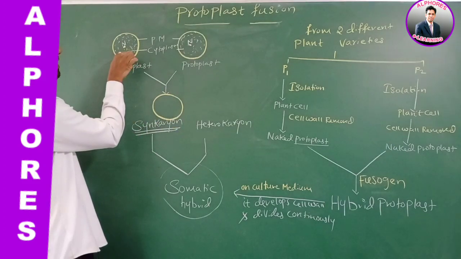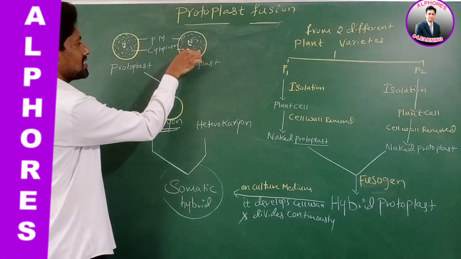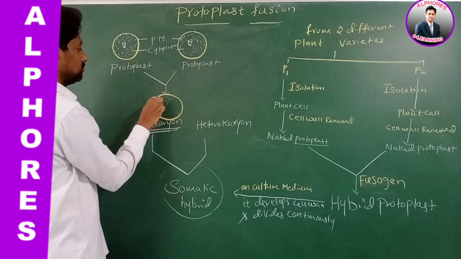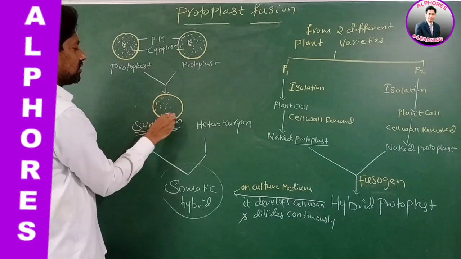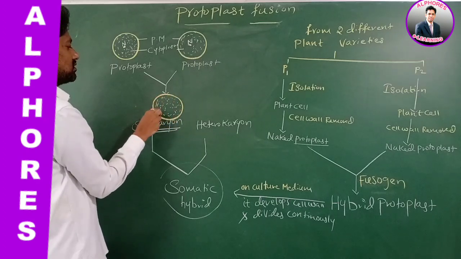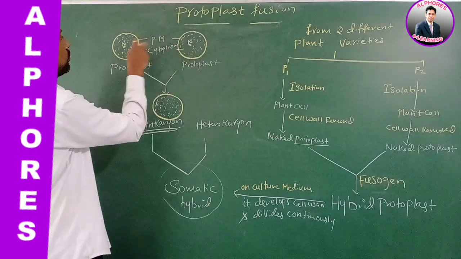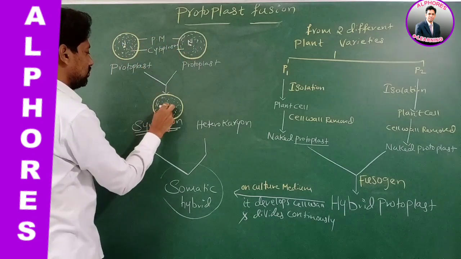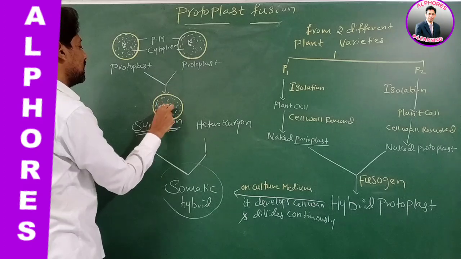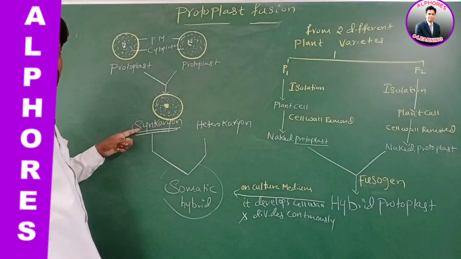The cytoplasm of this naked protoplast fused with the cytoplasm of the other, so fusion of cytoplasm has taken place. Similarly, fusion of both the nuclei also takes place. Karyon means nucleus, syngamy means fusion.